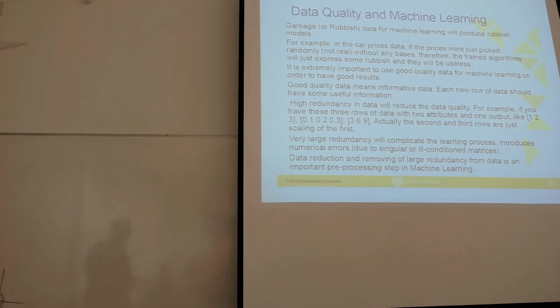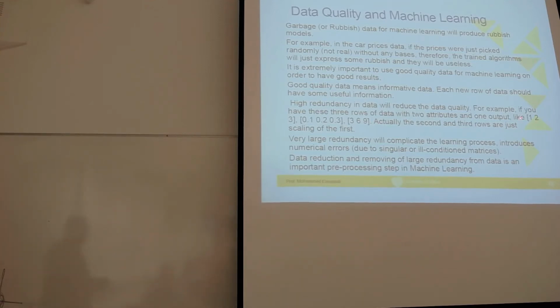So it is very important to have good data quality for machine learning. It is the same example that I started with, but in the form of numbers. If you have two attributes and one output, like 1, 2, 3, 0.1, 0.2, 0.3, and 3, 6, 9, actually those three are the same, just scaling.